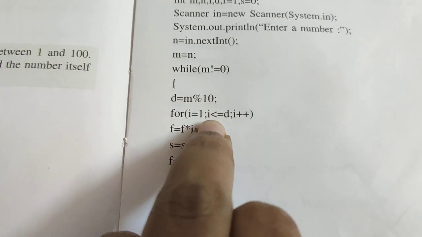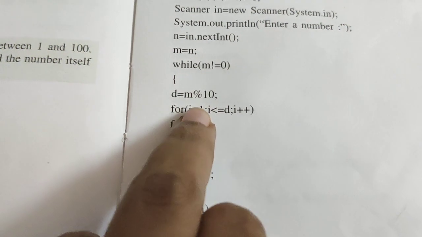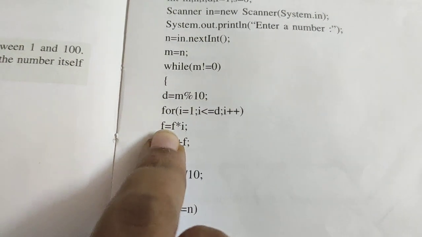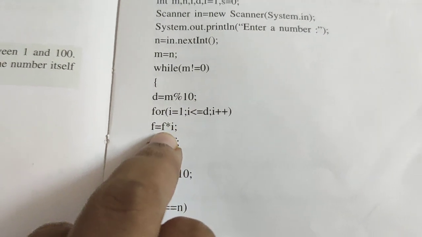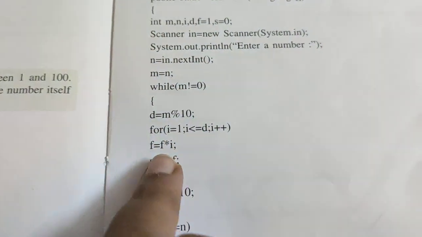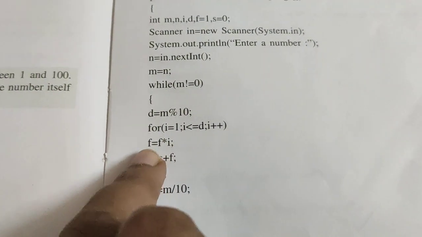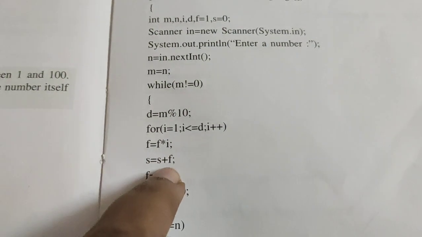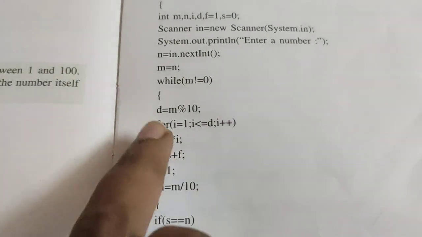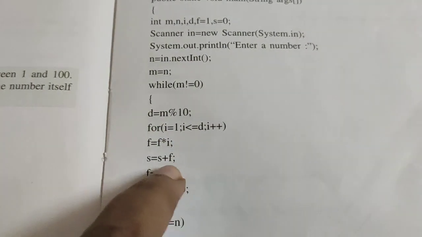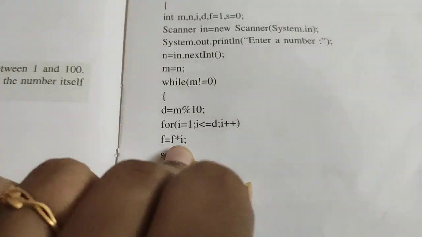So now i should be less than or equal to 5. For i is equal to 1, f into i. f you have already initialized to 1, so 1 into 1, so f is going to be 1, and s is equal to s plus f. This f will be added here.